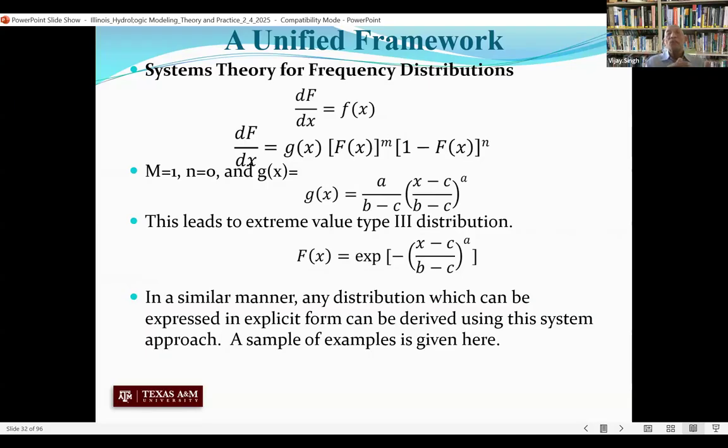So if n is equal to 1, m is equal to 0, here the key is how to express this proportionality function, because the proportionality function in this case is not a constant. So g of x, for example, if you take it this way, this will lead to extreme value type 3 distribution. And you can derive any distribution, provided it is expressed in explicit form.